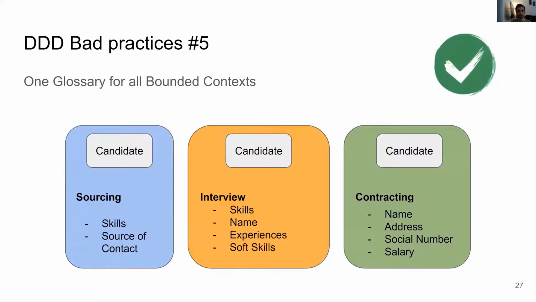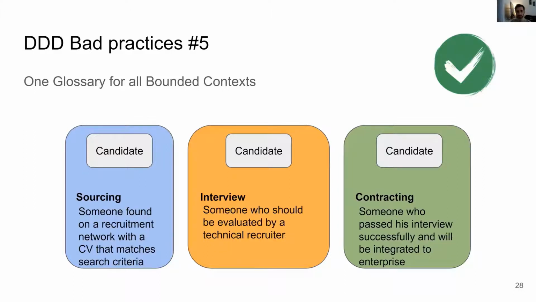The idea is just to separate the candidate in its own bounded context. It's not a problem if we share code. It's not a problem if we have, for example, skills in the sourcing and interview bounded contexts. It's okay to duplicate code between bounded contexts. And if we do that, we can go in our glossary and define some definitions.